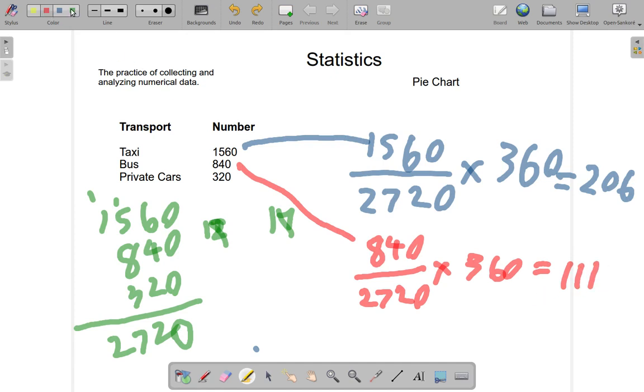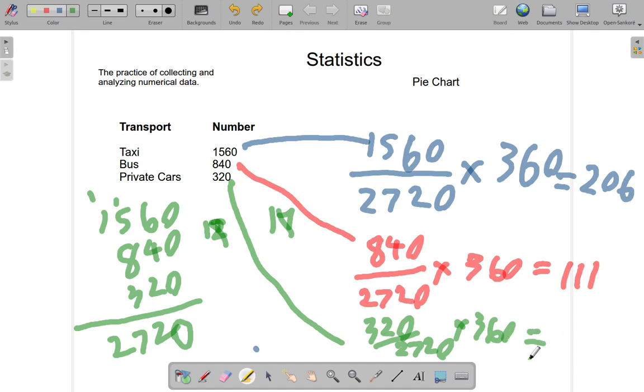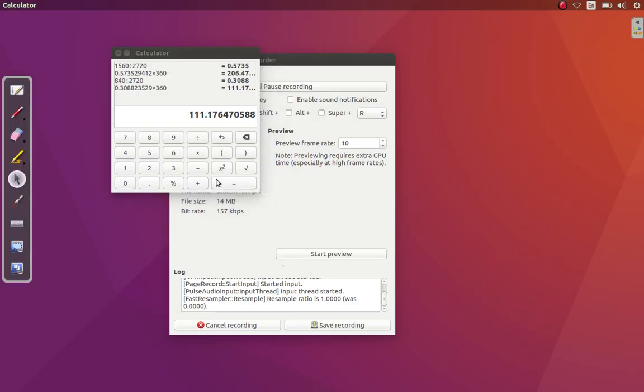And then I have the private cars. Let's do the private cars down here. It's 320 over 2720 by 360 degrees. 320 over 2720 times 360, 42.